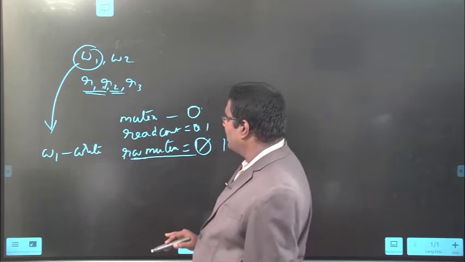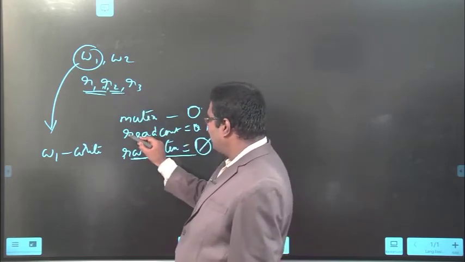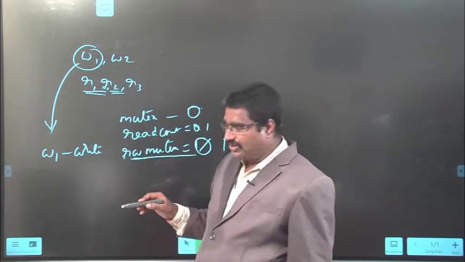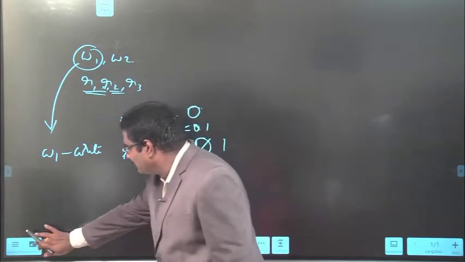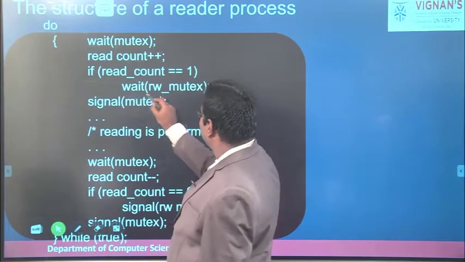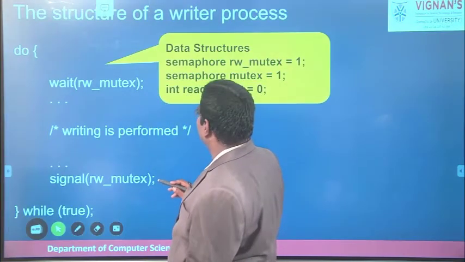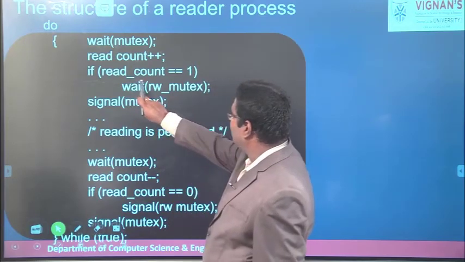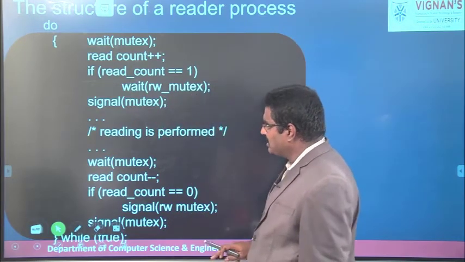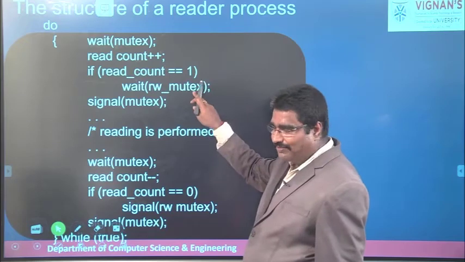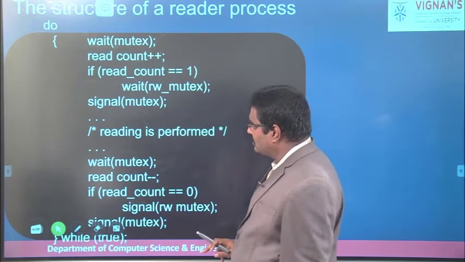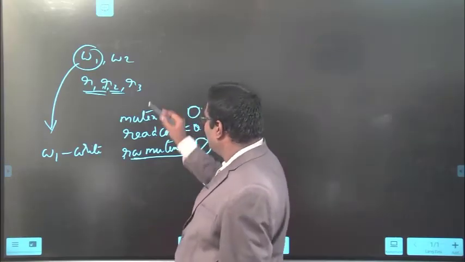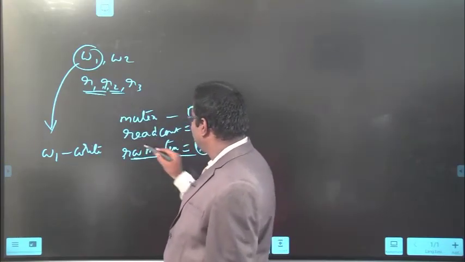Once the writer completes, the reader process is already waiting in wait RW mutex. Previously, the R1 process was waiting for wait RW mutex. It is now set to 1 by the W1 process, so it is set to 0 and comes out of the wait function.